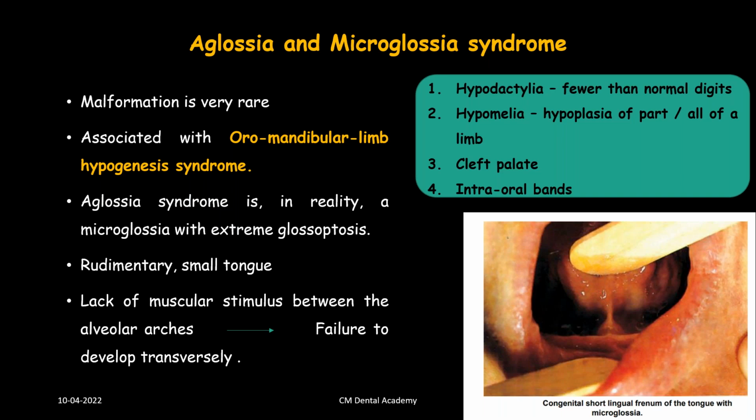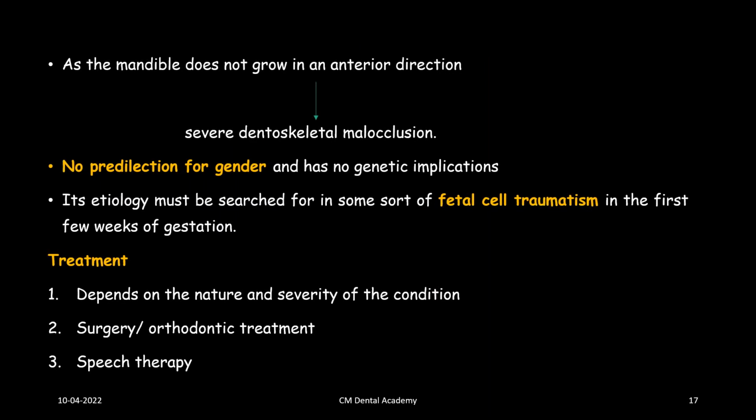But when the tongue is small or rudimentary, the force exerted by the tongue is absent and the mandible fails to develop in the anterior-posterior direction. As the mandible does not grow in the anterior direction, it leads to further dentoskeletal malocclusion. This is the consequence of aglossia or microglossia.